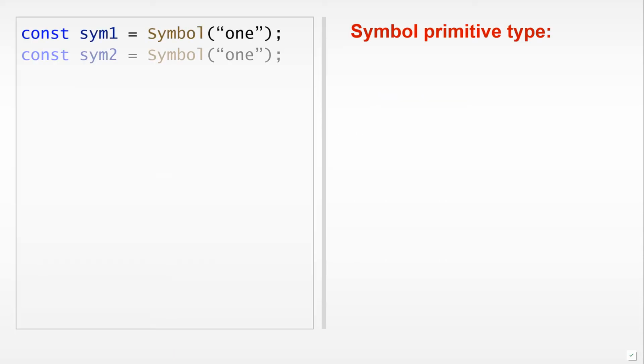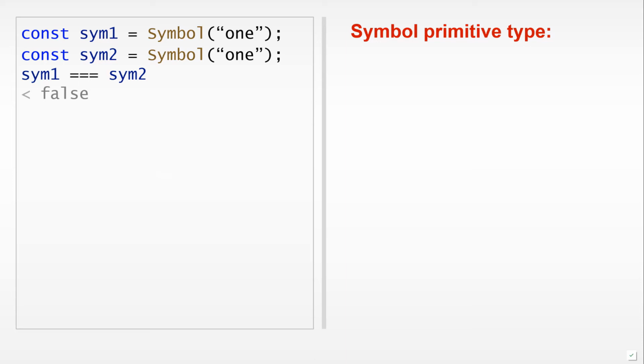Imagine that we have two lines of code. In both cases, we are defining constants, sim1 and sim2. And in both of these, we are adding the same value. So we are using the Symbol object as a function. So we are adding the same thing to both. But yet, if we try to equate them, they are not equal. So what is happening in this case is that both of these symbols, even though they look the same, are giving us unique values.